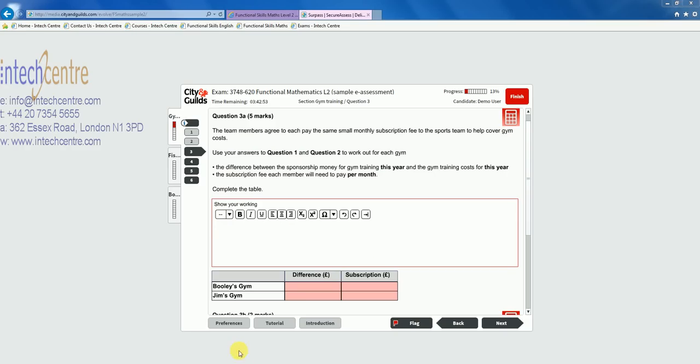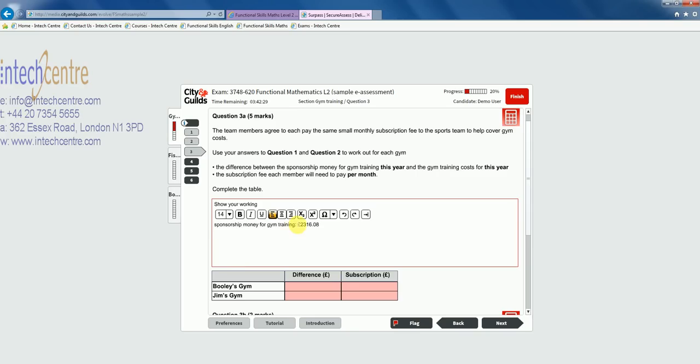Okay, so the first thing that I will do is make a note of my answers on here from the previous two questions. So the sponsorship money for gym training is 231608.